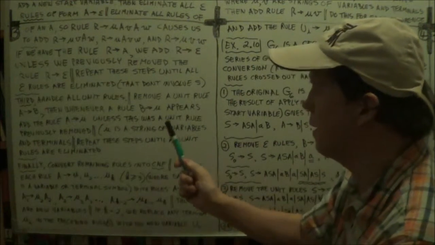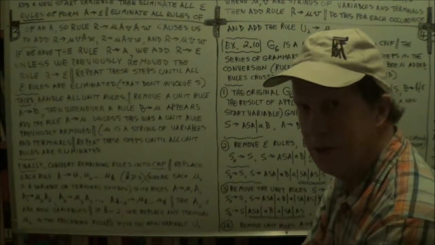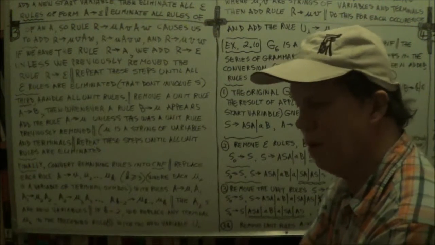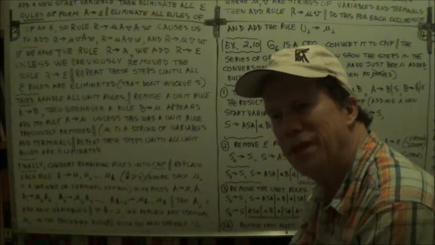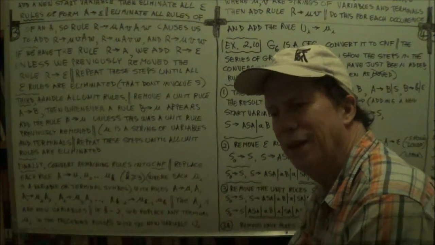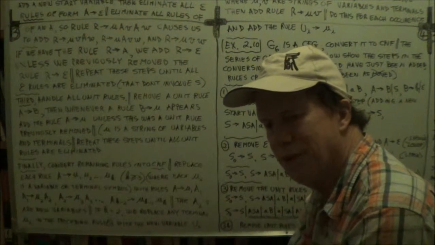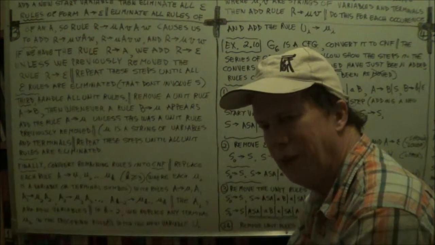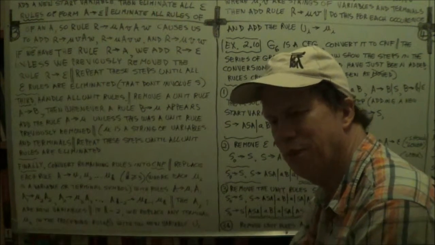Okay, unless this rule was eliminated earlier. So don't go adding rules that you eliminated previously. The whole point of removing them is to get rid of those rules that are incompatible with normal form. So don't go adding things that you've previously eliminated.